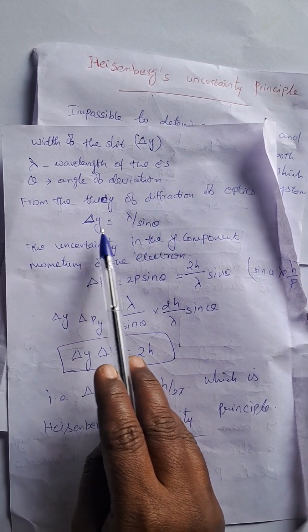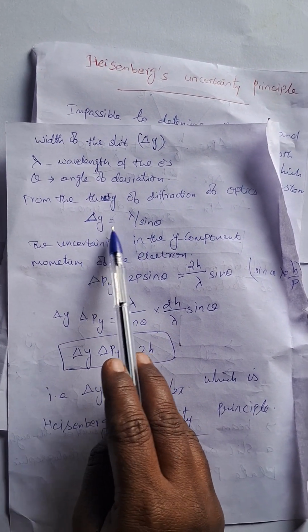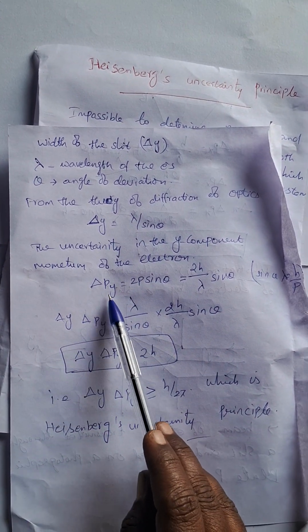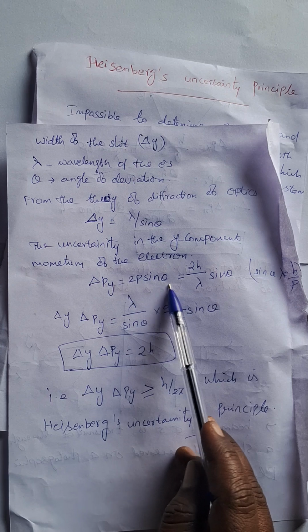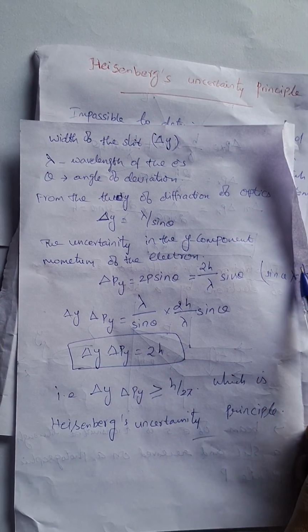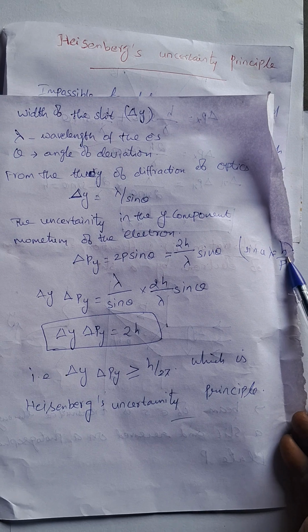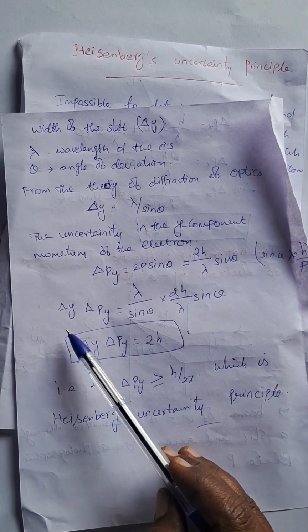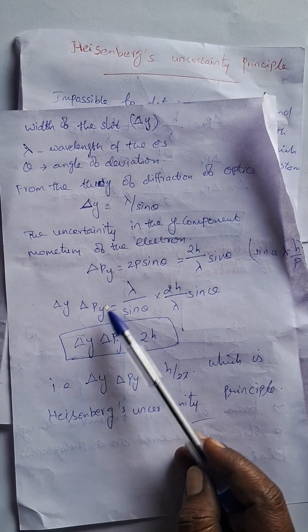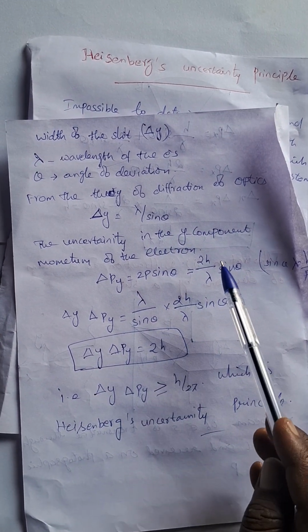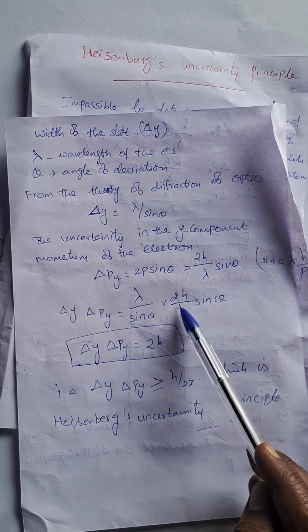In this case, the change in the position del y equals lambda by sin theta. Then the change in the momentum del py equals 2p sin theta. We know lambda equals h by p, so we can write 2h by lambda sin theta. Then multiply del y and del py: lambda by sin theta into 2h by lambda sin theta.